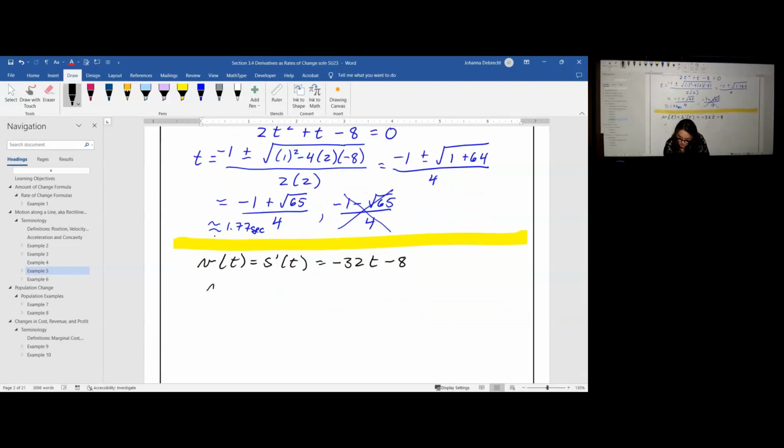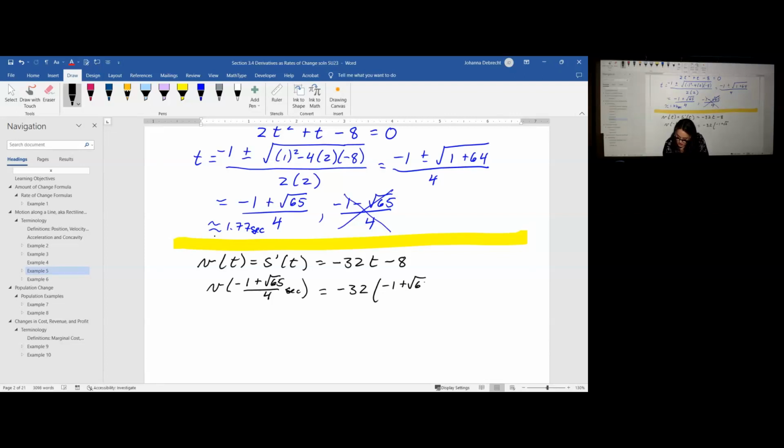Now I'm going to substitute the value that I found into this expression. This would give me that v at -1 plus the square root of 65 divided by 4 seconds would be a velocity of -32 times -1 plus the square root of 65 all divided by 4 minus 8.